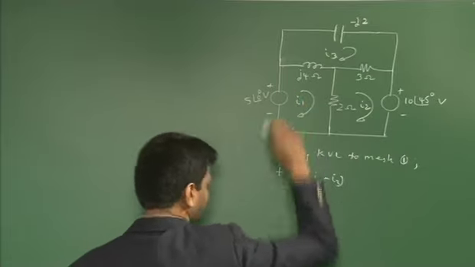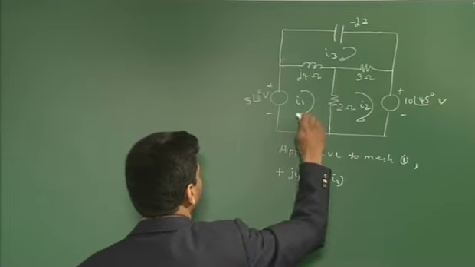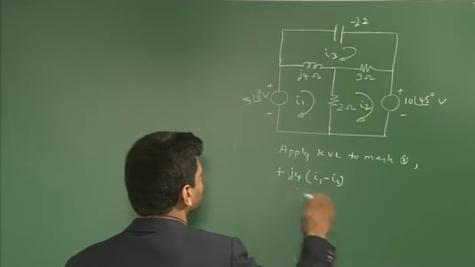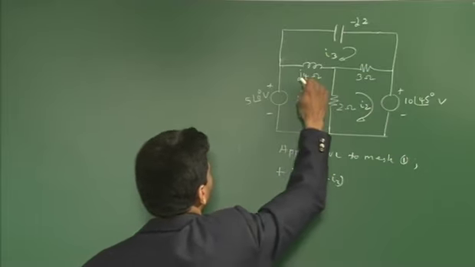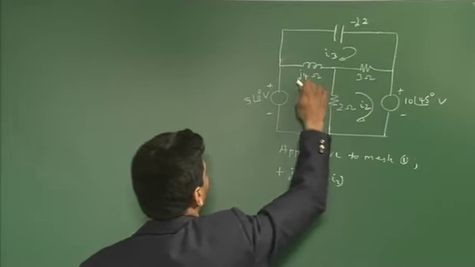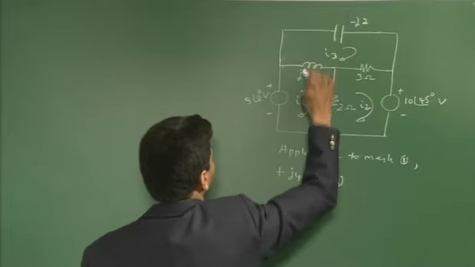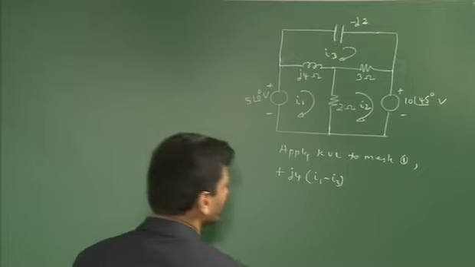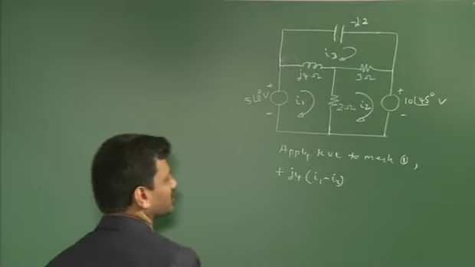In the case of a shared component, if you are applying KVL to mesh 1, you will write it as I1 minus I3. Supposing the same voltage drop across J4 was written while applying KVL to mesh 3, you would have written plus J4 into (I3 minus I1), and everything will be automatically taken care of. This we have seen in the last class.